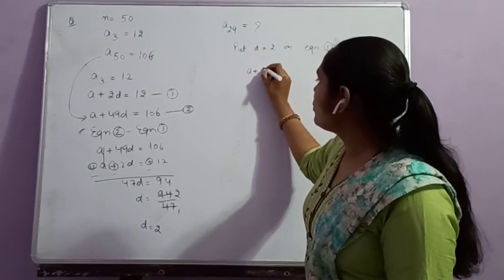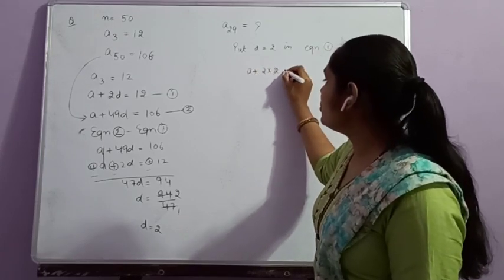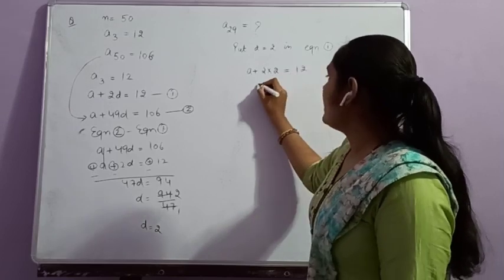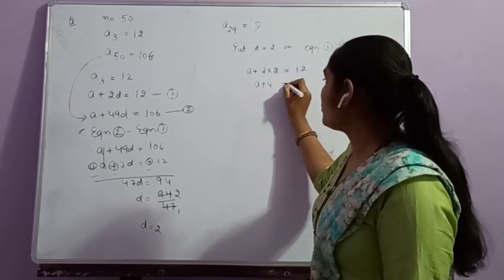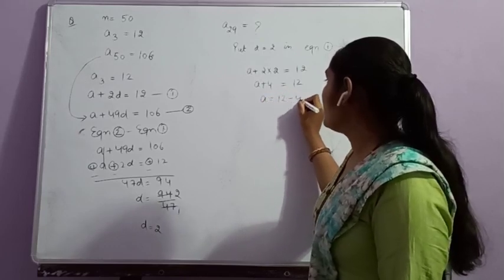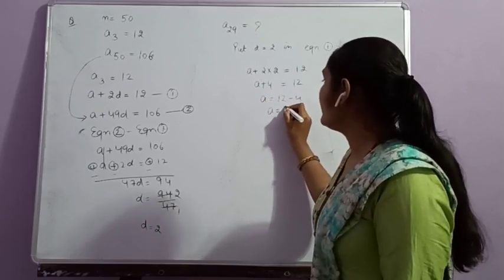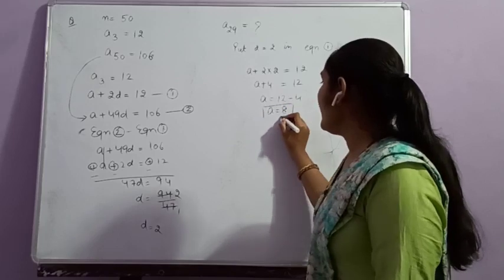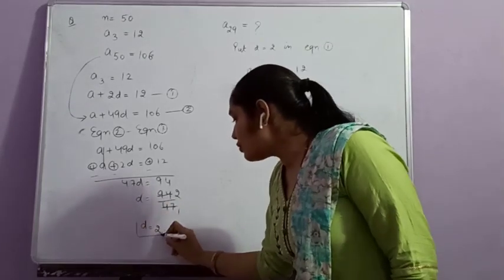A plus 2 multiplied with D, that is 2, is equal to 12. A plus 4 is equal to 12. A is equal to 12 minus 4, that is equal to 8. The value of A is 8 and the value of D is 2.